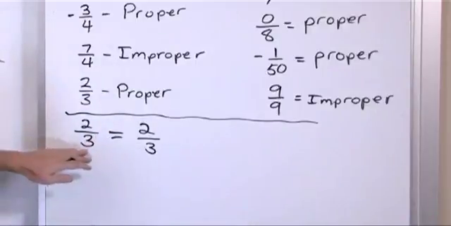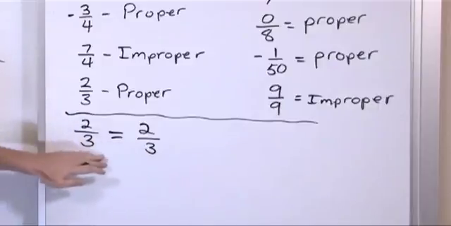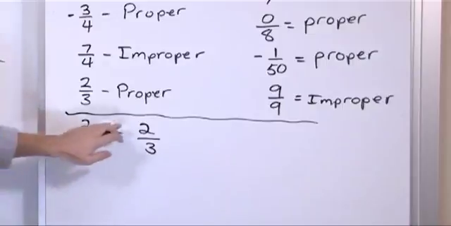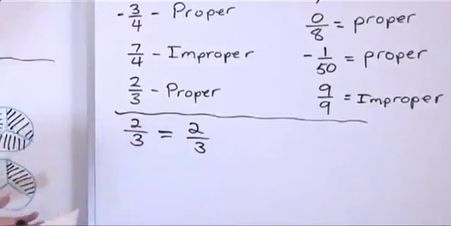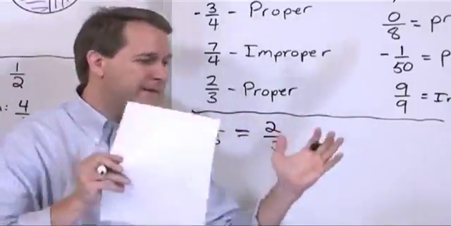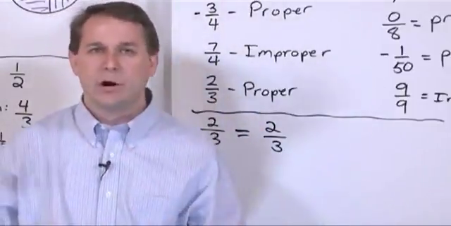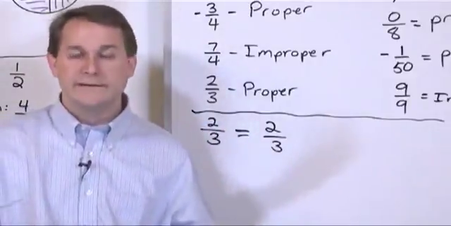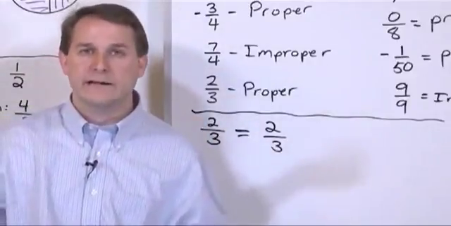I have in one hand 2 of those 3 pieces, and in my other hand 2 of those 3 pieces. So I have the same amount of pizza as candy bar relative to fractions, because I divided them both up into 3 pieces, and I have 2 pieces of each of those things after I divided them up.